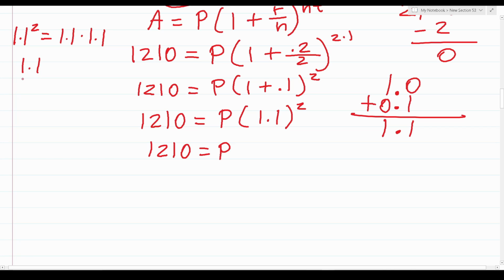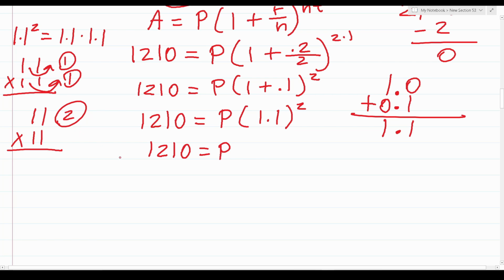Okay, we have 1.1 times 1.1. What you want to do is clear these decimals by shifting them to the right accordingly. So I'm going to shift this decimal 1 time to the right and this decimal 1 time to the right. So this becomes 11 times 11, albeit with 1 plus 1 are 2 decimals to shift back into the left at the end. 1 times 1 is 1.